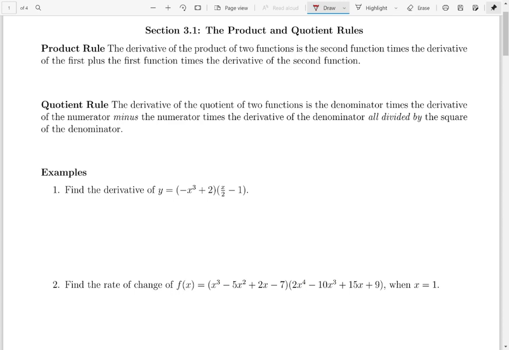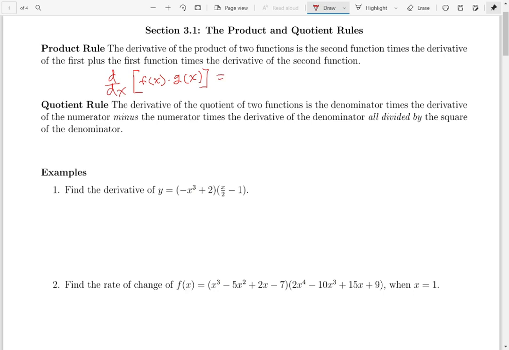And so for the product rule, the derivative of the product of two functions, let's get this laid out right. If I take the derivative of some function times some other function, let's just call them f of x and g of x, so those are the two functions I'm going to take the derivative of, but they're being multiplied together.